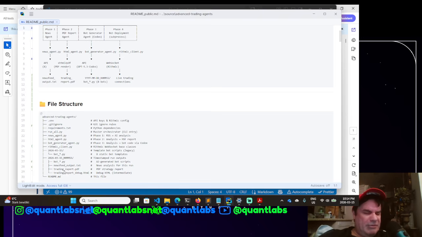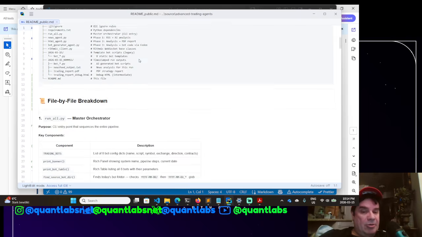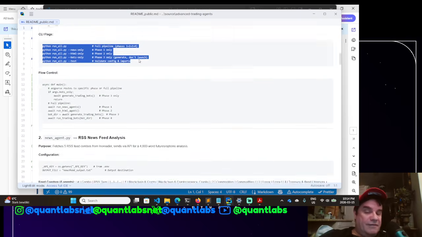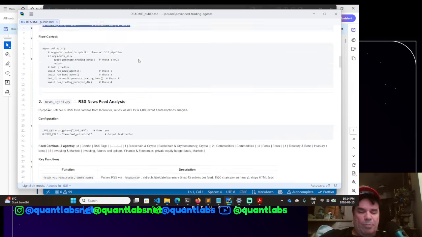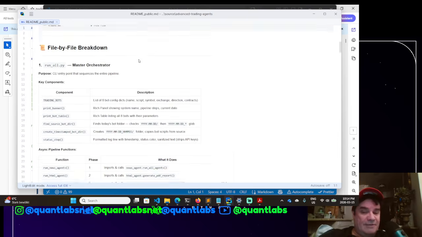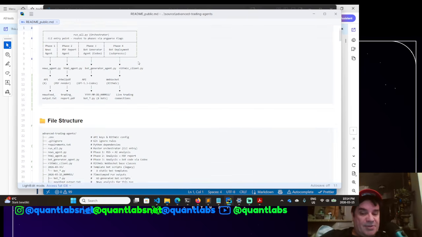From that, we are able to create the PDF, and then we also have the running bots as well. So that's the file structure. We've got the breakdown of each file. Now, again, I'm not going to go past that. I'm using this for my own purposes.